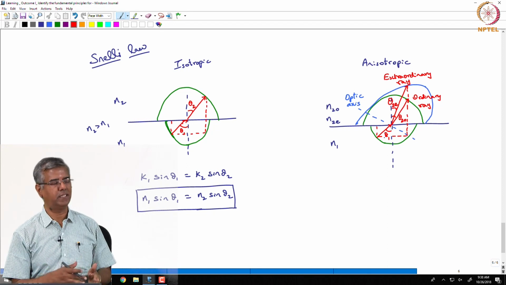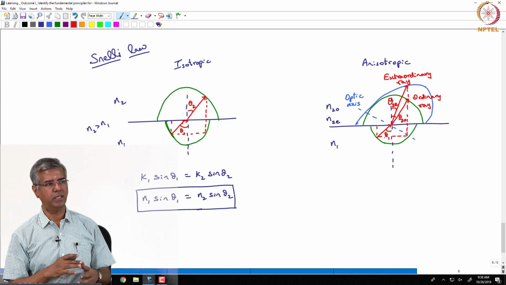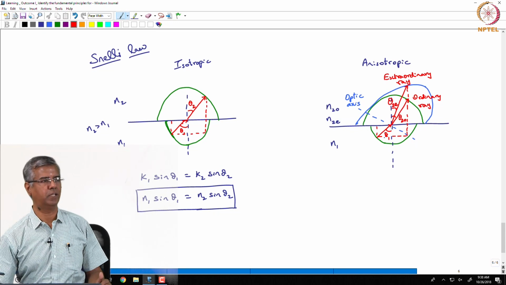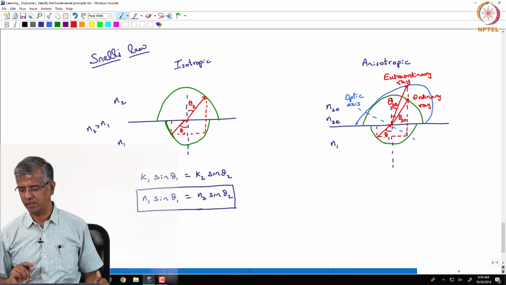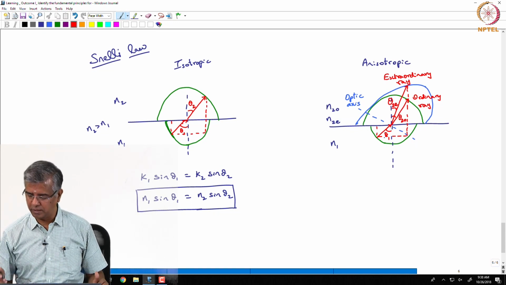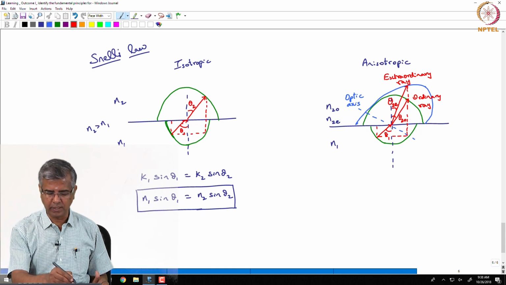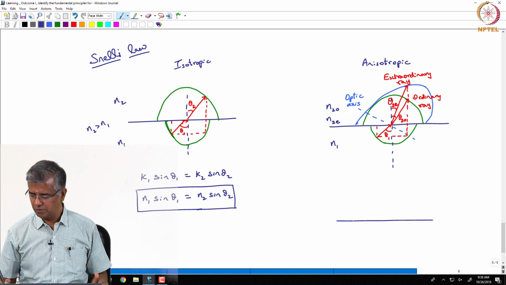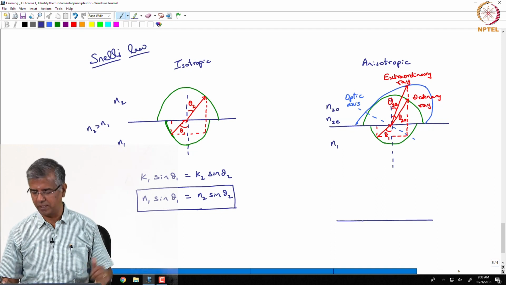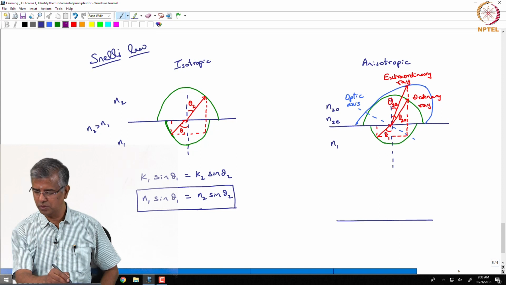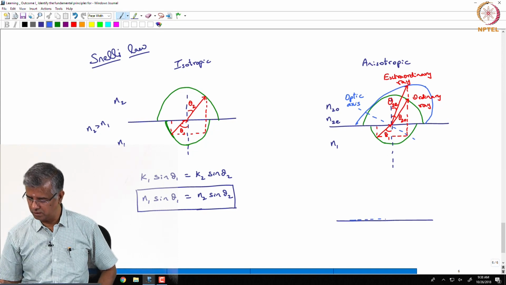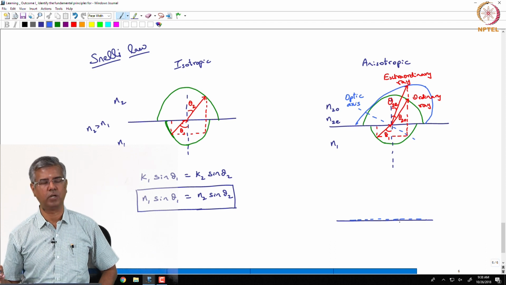So, the optic axis is defined, and then depending on how you cut that material you will have an interface like this. To give you an example, you can cut the material such that the interface where you cut corresponds to your optic axis. So, it's basically parallel to the optic axis.